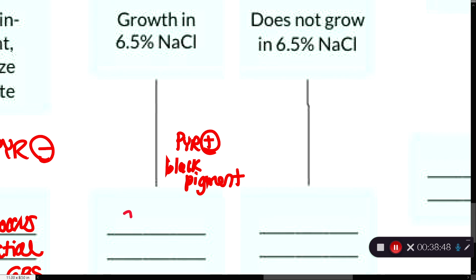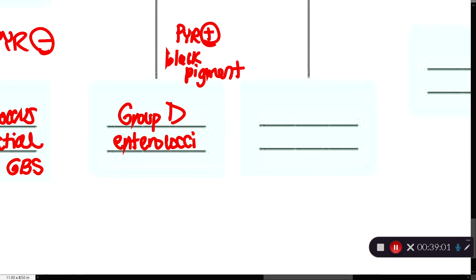And so these guys are going to be your group D Enterococci. So that will include members such as Enterococcus faecalis, which is going to be far, far more common in causing infections. These are associated with urinary tract infections, UTIs.